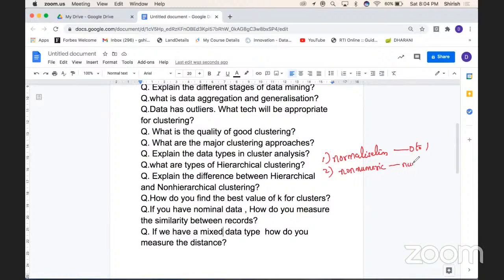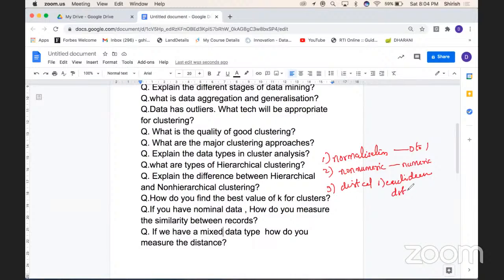Then you will go for any of the distance calculations: Euclidean distance, Manhattan distance, Minkowski distance, whatever.